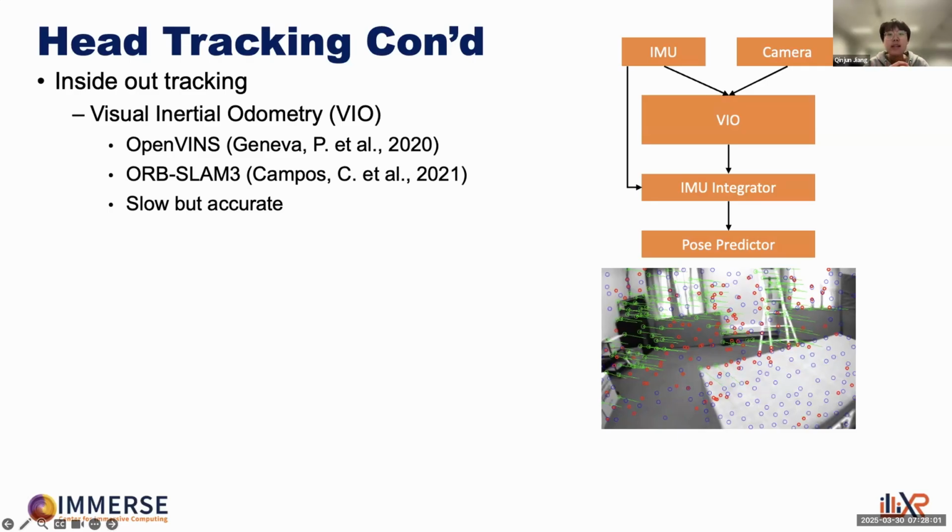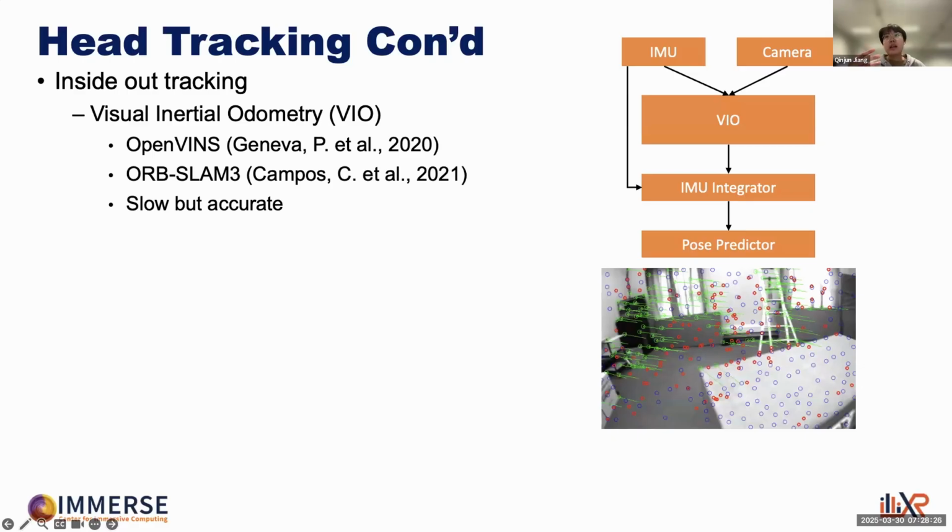VIO is good at accuracy, but the problem with it is that it is slow because it's limited by the camera frequencies, which can only run at 30 or 40 FPS, or tens of FPS. This is really not enough to satisfy the pose query frequency of downstream components. So for example, the rendering is usually running at 90 Hz or even 120 and 144 frames per second, right?